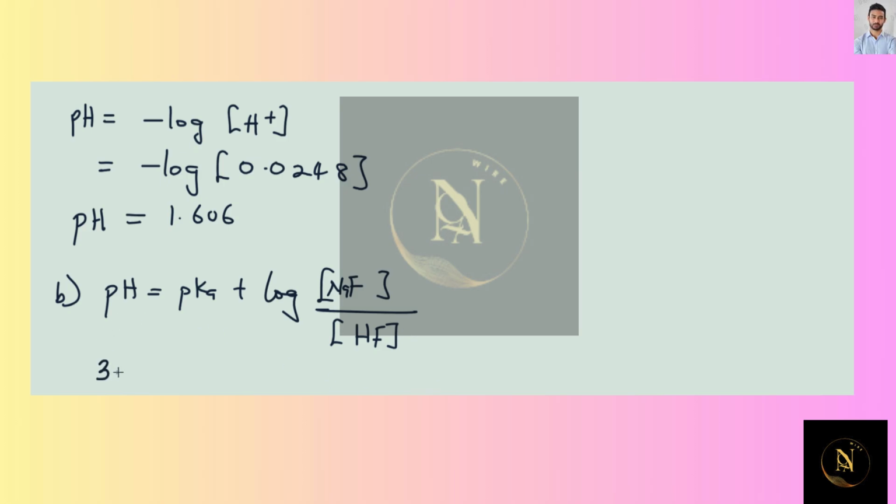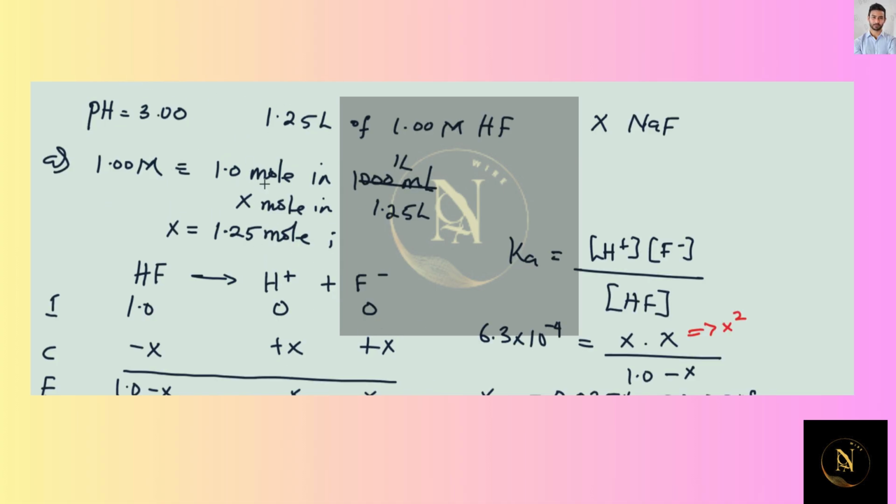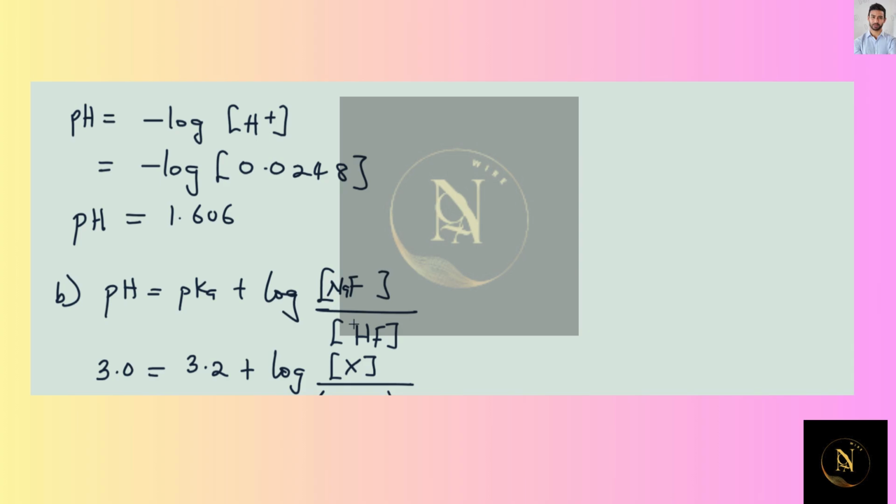The pH we want is 3.0, the pKa of the buffer is 3.2, plus the logarithm of the concentration of sodium fluoride, which we don't know, over the concentration of hydrofluoric acid, which is 1.25 mole. Because the concentration is 1.0 molar, that's 1.0 mole in 1 liter, and we have 1.25 liters, so that contains 1.25 mole. Since we're trying to determine the amount of sodium fluoride to add, we need to use the number of moles of hydrofluoric acid present.